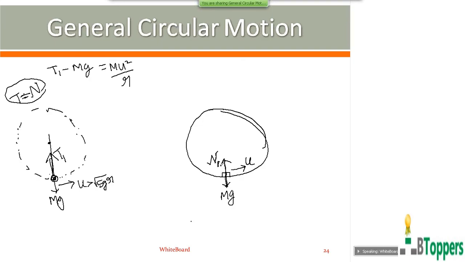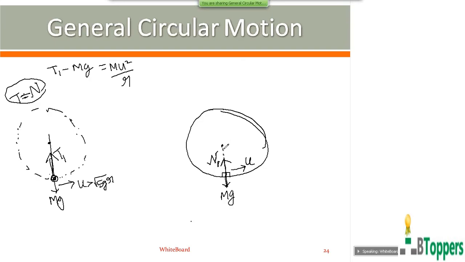Let N1 denote the magnitude of normal reaction force on the block by the smooth surface at the lowest position. So at the lowest position, the normal reaction force acts towards the center of curvature of the circular path. At all instants throughout the motion around the smooth circular track, at any position of the block, the normal reaction force on the block by the smooth surface acts perpendicular to the smooth surface and directed away from the surface.